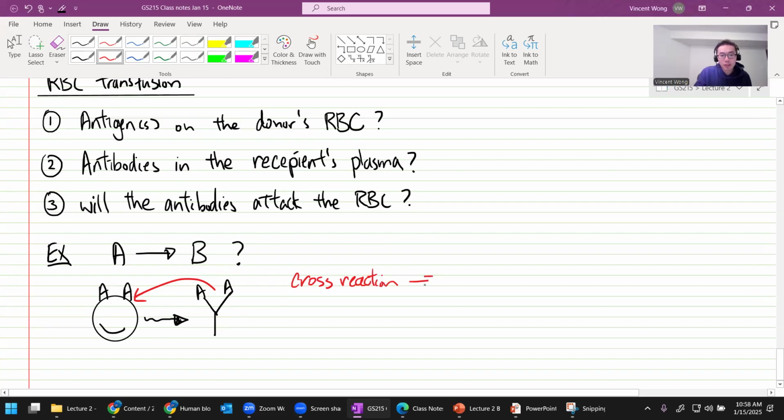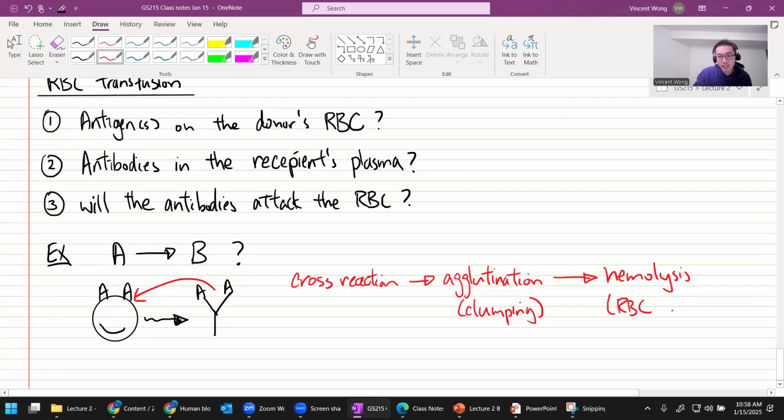Cross reaction will lead to clumping, which is called agglutination. I know a lot of words, I'm so sorry. And then it will lead to hemolysis, which is RBC bursting. So that's not good.